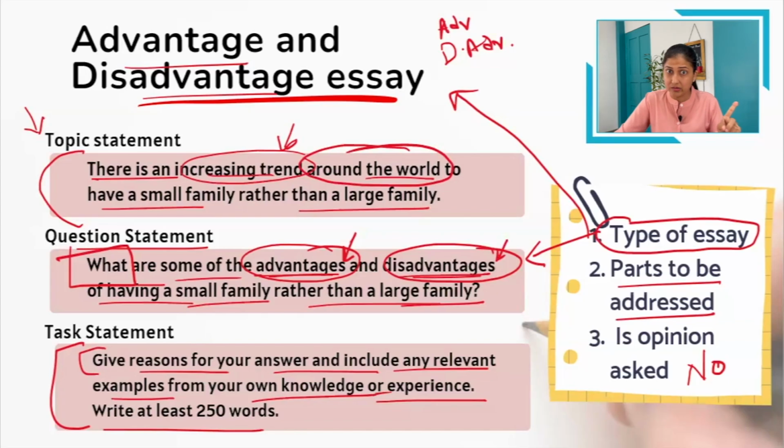That means it's not being specific to a particular country or region. So what do I have to keep in mind? That I have to consider the entire globe when I talk about the advantages and disadvantages of this particular trend. And what is the trend? Look at this.